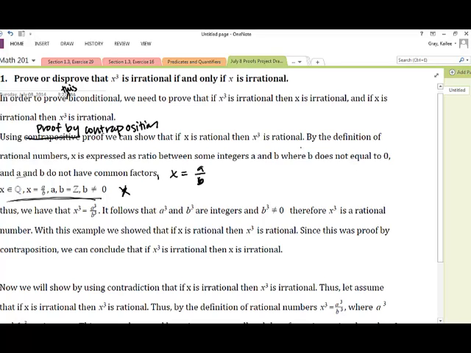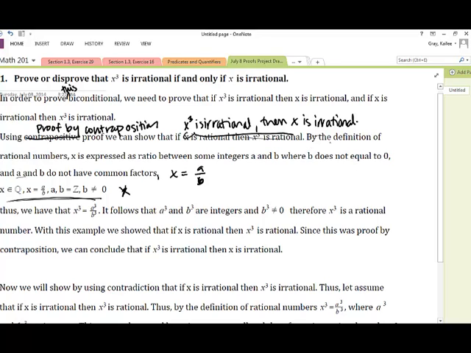However, I think it's more important here because what you're trying to actually prove is that if x cubed is irrational, then x is irrational. And so we're proving this by proof by contraposition. So you're setting it up and saying, okay, this is not what we're actually going to prove. We're going to prove the contrapositive.